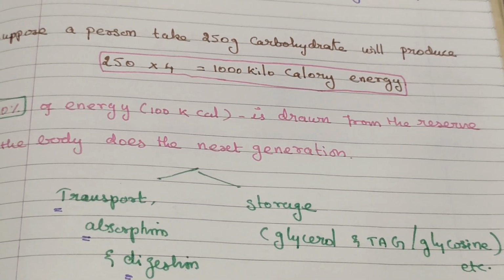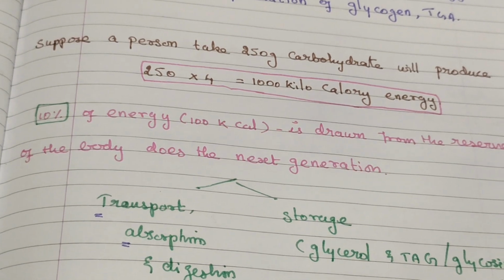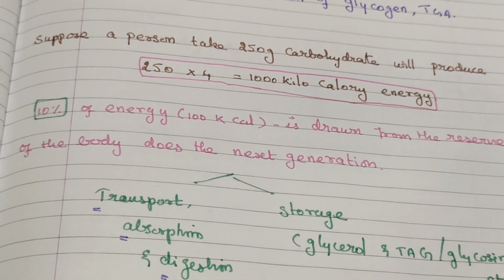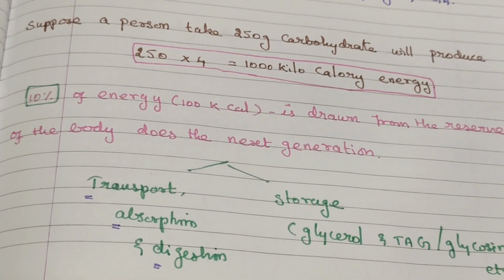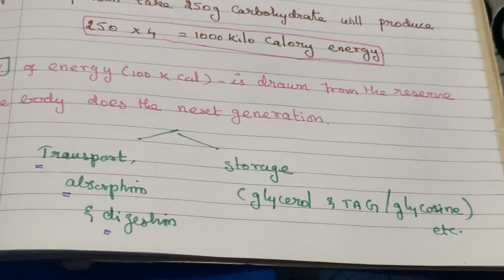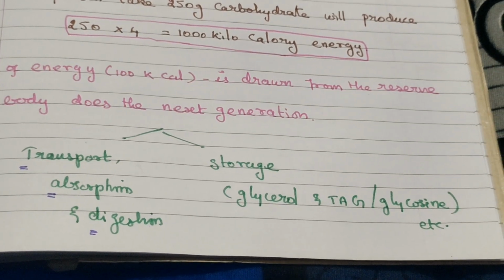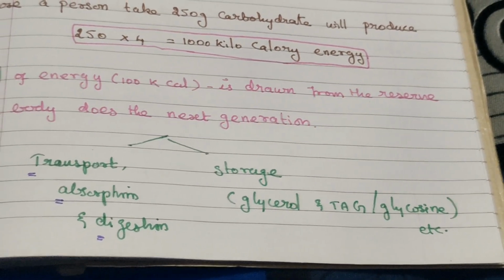Energy goes for two reasons. First, the expenditure of energy goes to transport, absorption, and digestion. Second, it goes to storage, creating storage forms like triacylglycerol and glycogen.